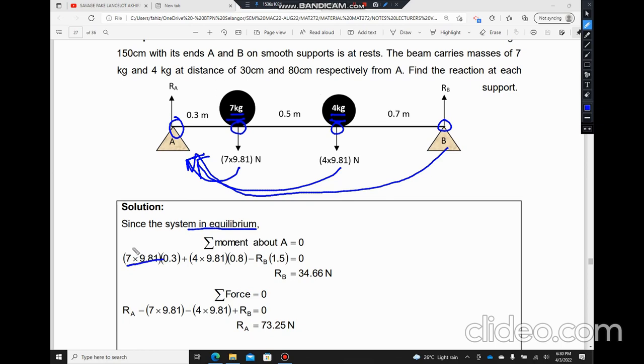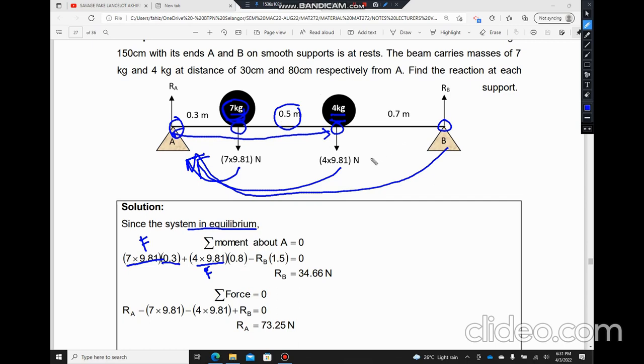This one for unit apa ni, force kan, sebab dia bagi 7 ni kg mass, so awak kena darab dengan 9.81, so you darab dengan 0.3 sebab jarak dia 0.3. Then plus kita ambil yang kedua, 4 you need to multiply by 9.81, this one also force, and then multiply by 0.8. Jangan tertukar, jangan ambil 0.5 sebab kita kena kira distance dari sini ke sini, so 0.5 plus 0.3, so you get 0.8.